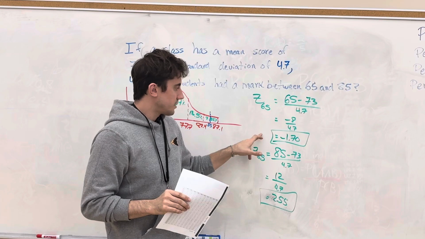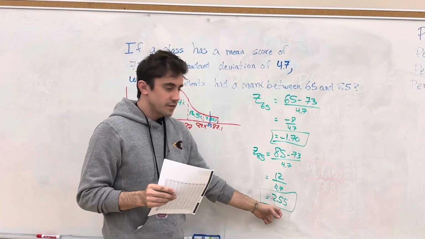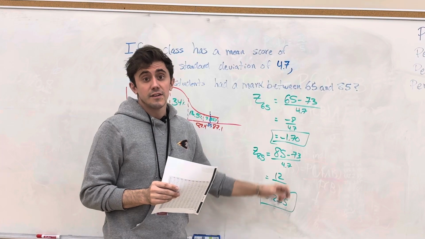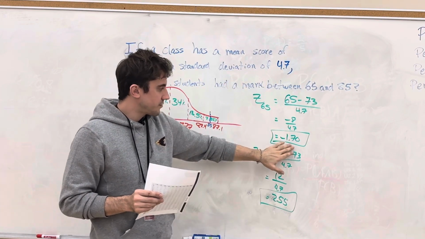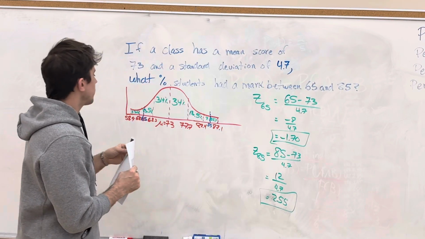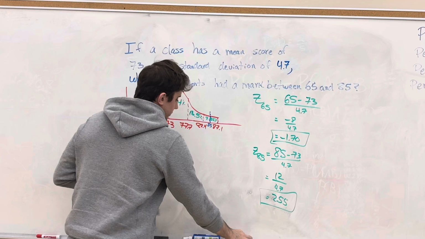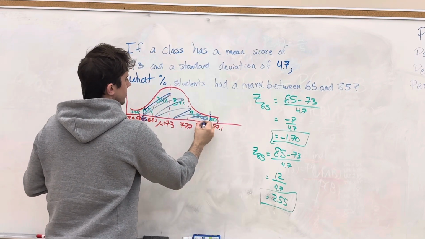So let's say we find a percentage of 95 for this one, that means 95% of the data falls below. If we find something like 3% for this one, that means 3% of data falls below. We want to know the percentage that is between these two, right? We want to know kind of all of this region, right?